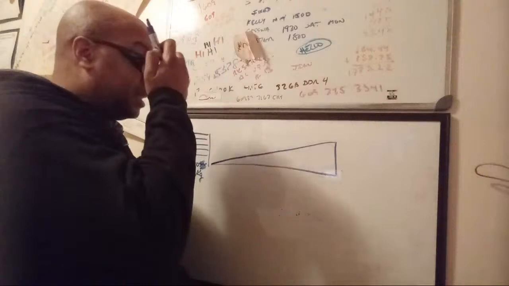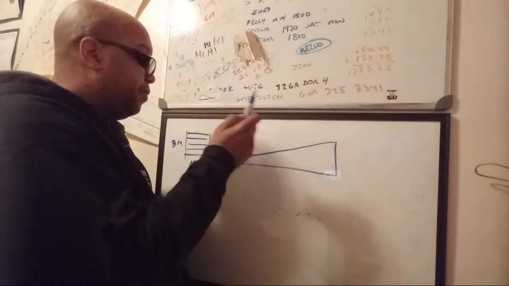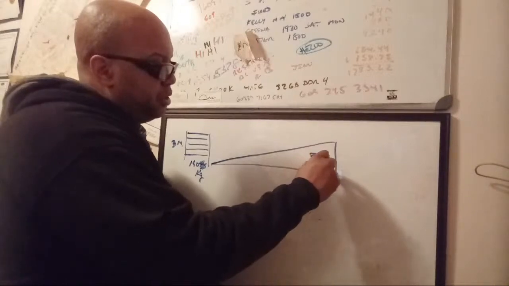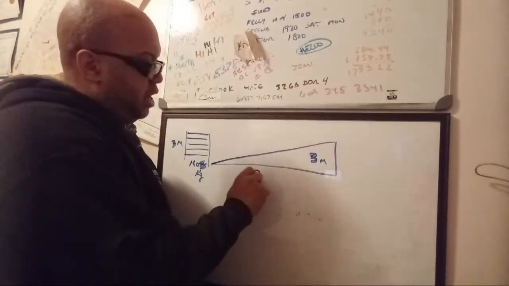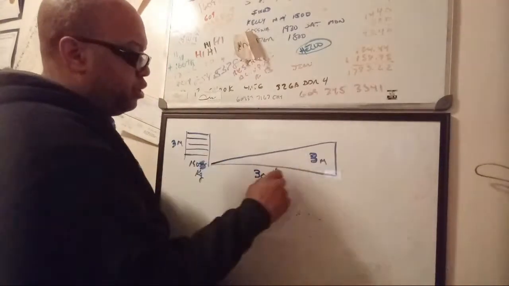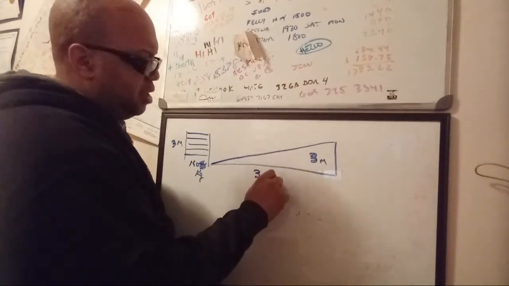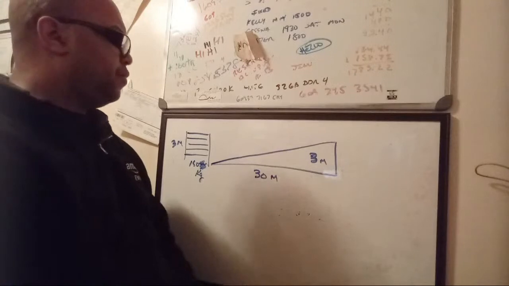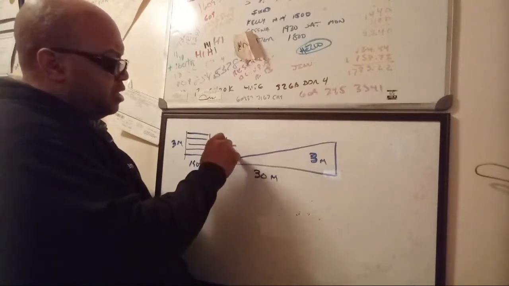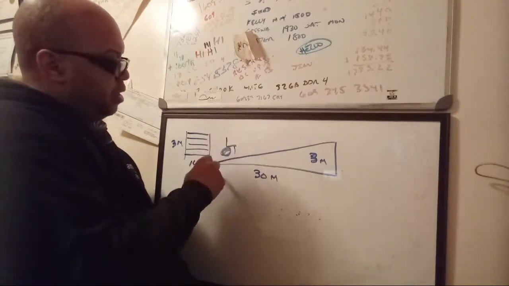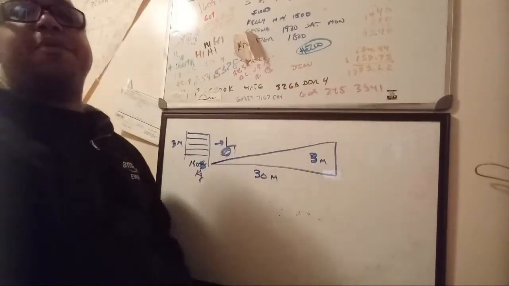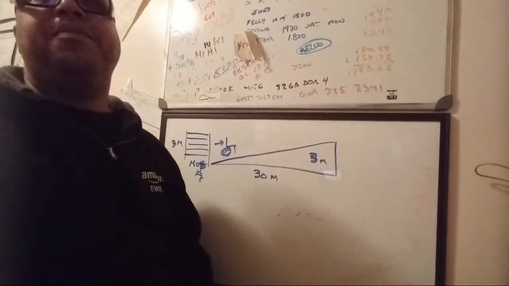So let's say we have the same 3 meters and then we have a 30 meter long wheelchair ramp. Sorry, 3 meters high, 30 meters long. And let's get your cousin in that wheelchair. Do you think you would have to push 150 kilograms of force to get him up that ramp?